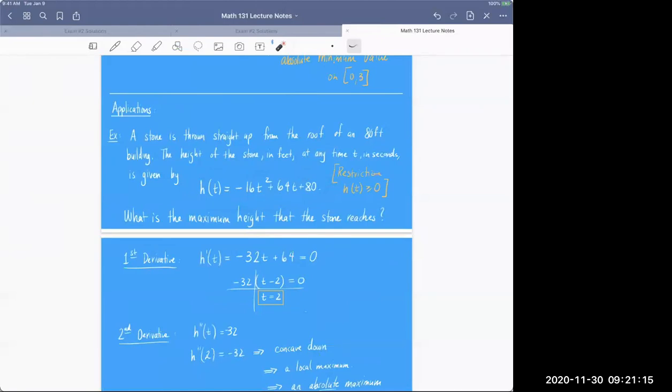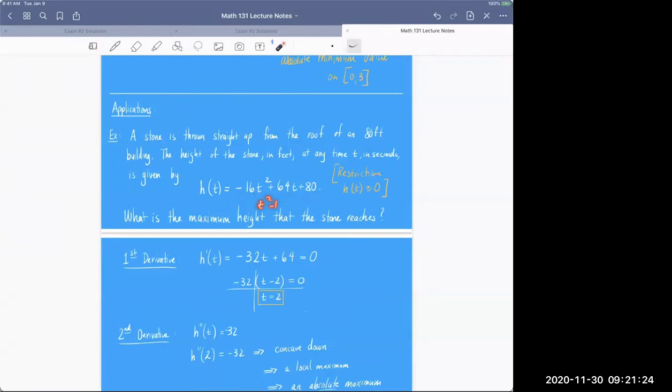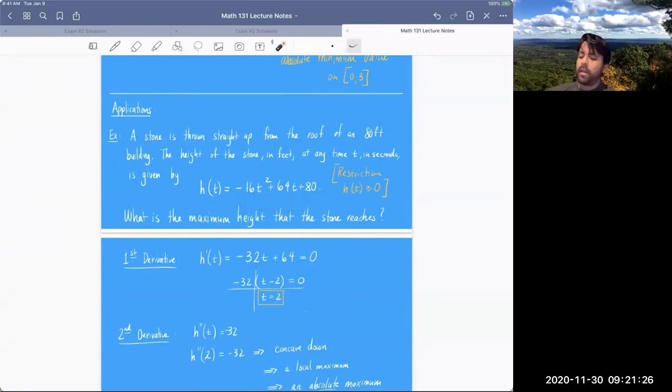You can factor out the negative 16. This is just a nice function that you can factor out 16. And then you would get t squared minus 4t minus 5. So then you would get t equals negative 1 and t equals 5 at the end or something like that.